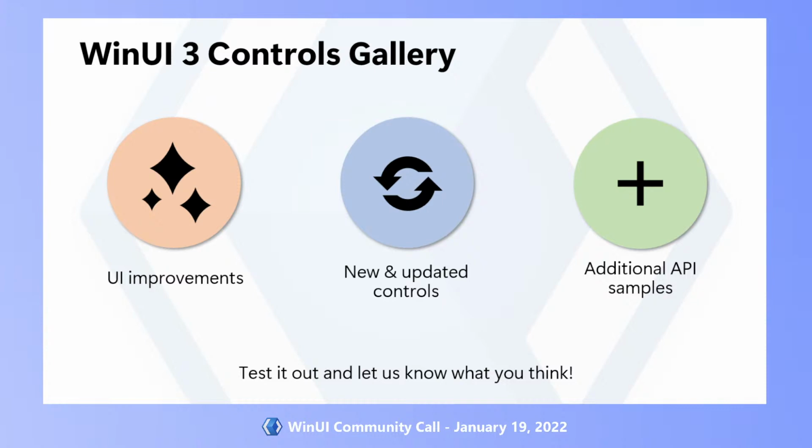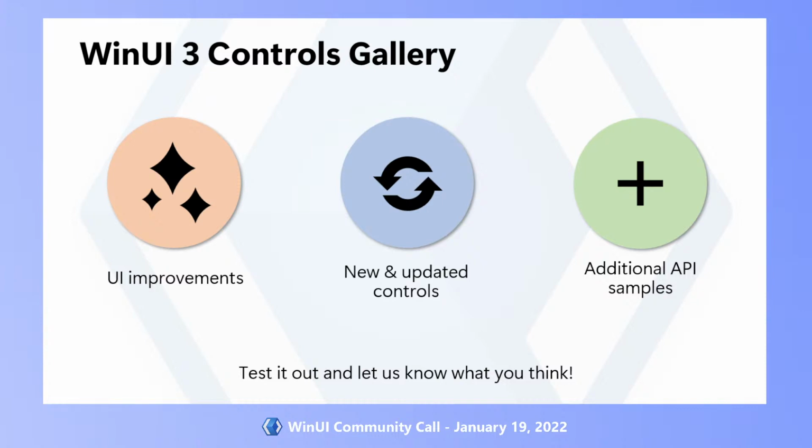And speaking of updated controls, I can walk you through the third point, which is the additional API samples. This is something we're really proud of because we try to include as many templates and examples as possible, and it's important for us to add on to the existing templates as time goes on.